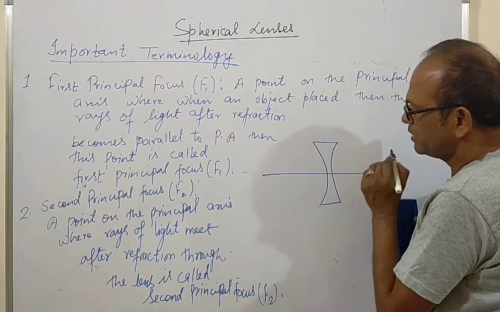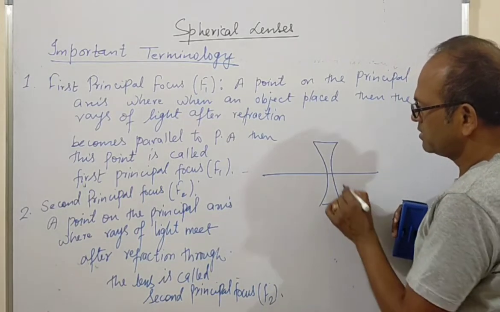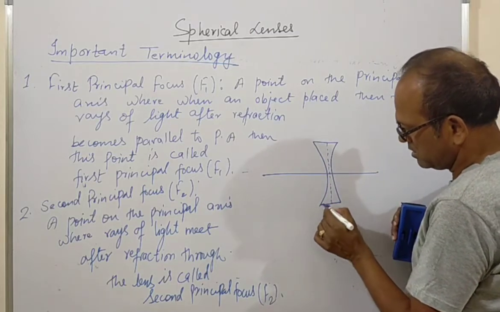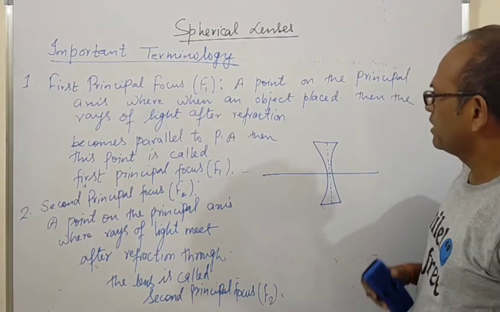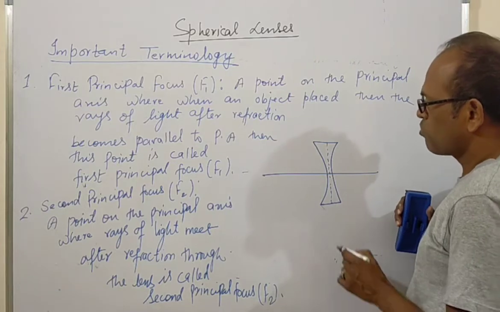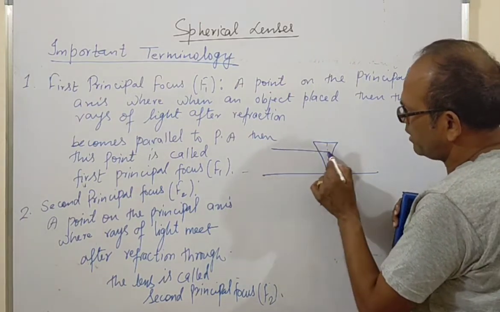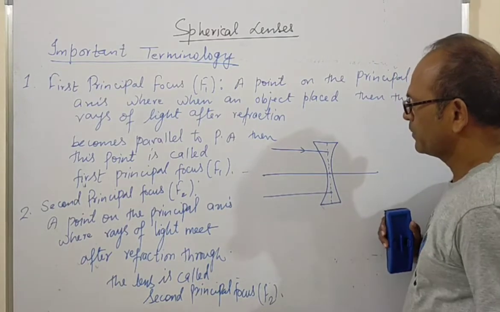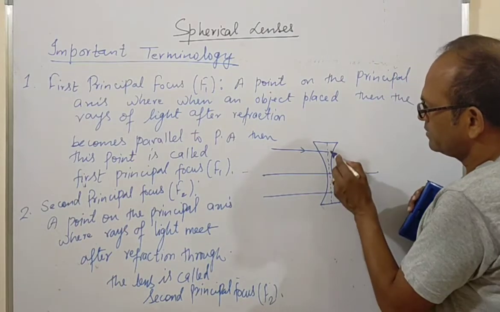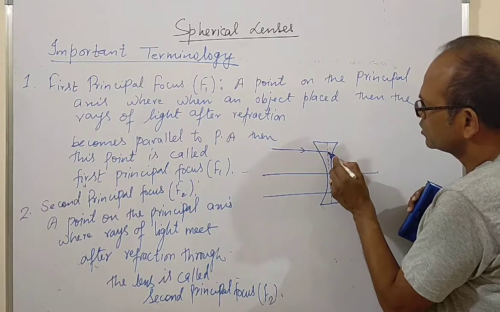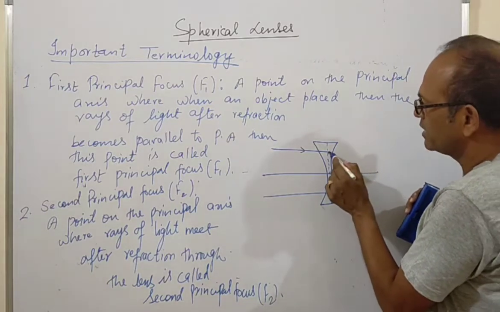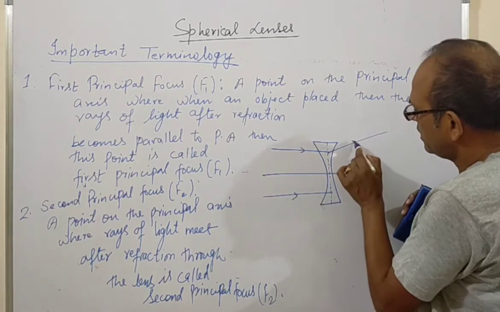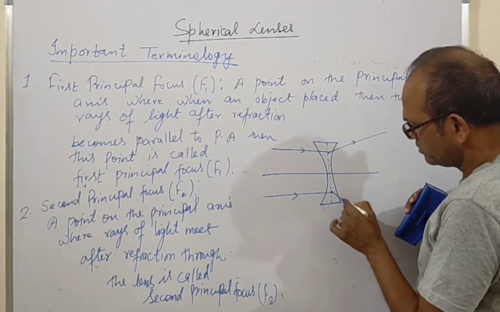So same way, principal axis, this is the axis of symmetry, right? So the rays of light coming parallel. So concave lens is a diverging lens. So it will get diverged after refraction.